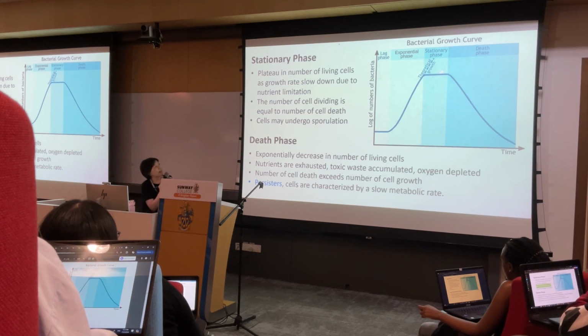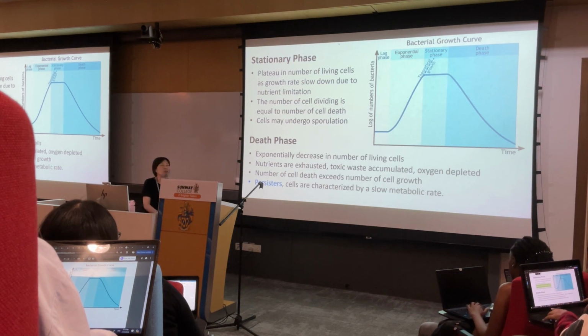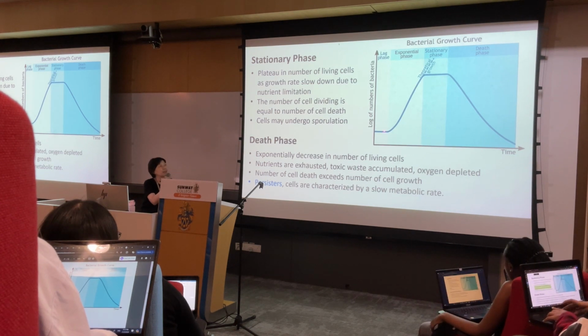And normally at this stage, there is already not enough nutrient, not enough oxygen, and cells start to compete with each other, and also they start to produce secondary metabolites. The primary metabolites normally happen in the log phase when they are all required for self-growth.